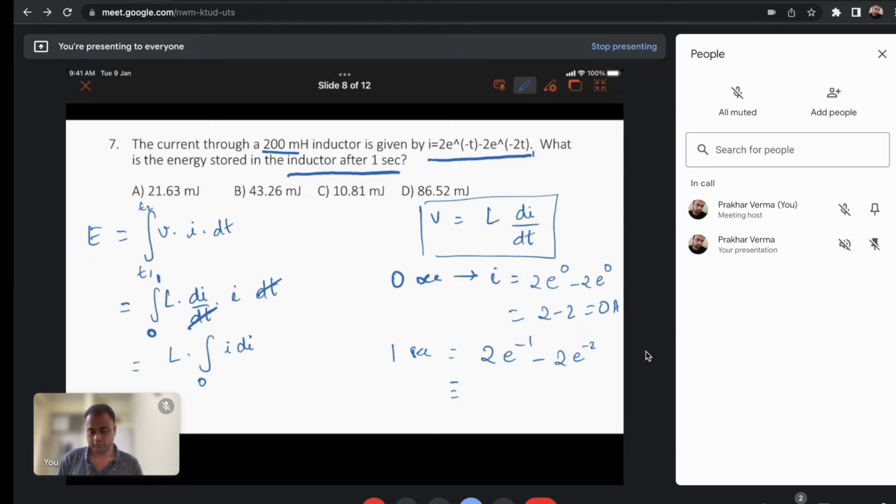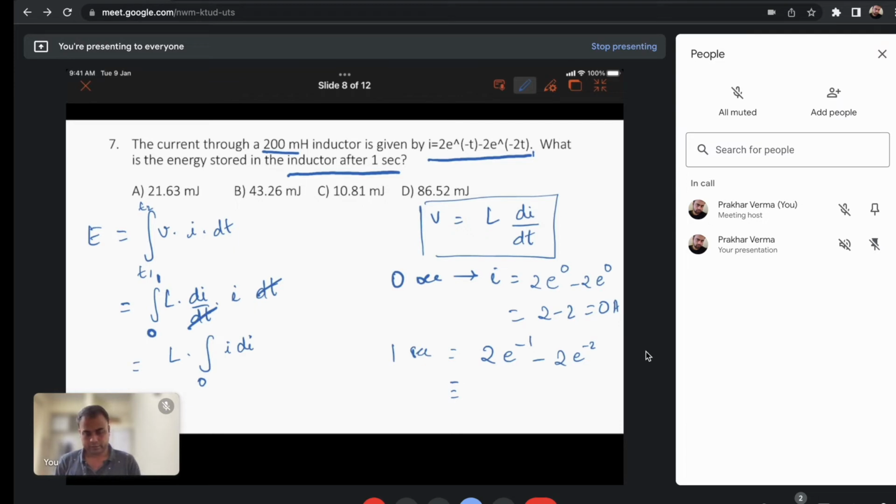I put in the numbers: 2 divided by e, minus 2 divided by e squared.